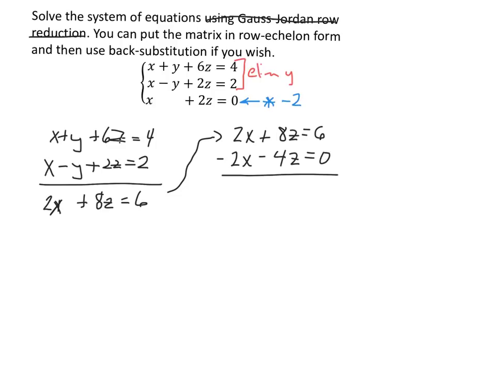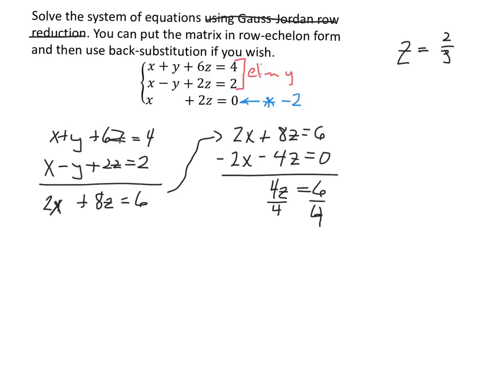So 2x minus 2x cancels. 8z minus 4z is 4z. And 6 plus 0 is 6. When I divide by 4 and simplify my fraction, I get z equals 2/3.